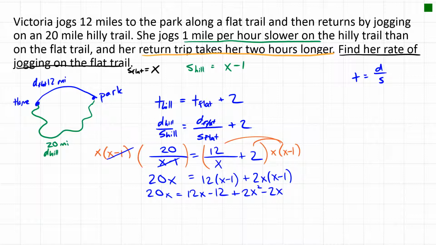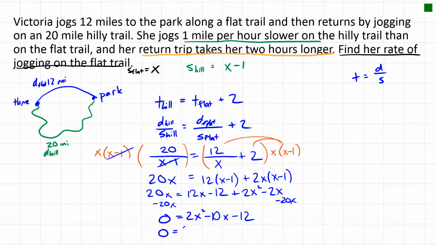So another quadratic. Let's take this 20x over to the left-hand side. So I have 0 is equal to 2x squared, and then my x's: I have 12x minus 2x minus 20x, which is minus 10x, and then minus 12.